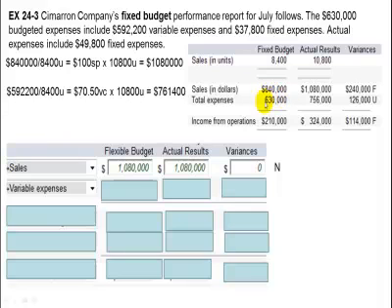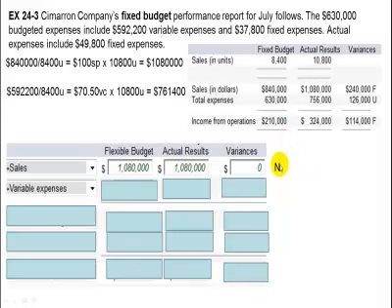So this $630,000 total expenses, to make it more useful, something you can do something with, you should break into a variable portion of $592,200, and the fixed portion is $37,800, and these two pieces together do equal the $630,000.